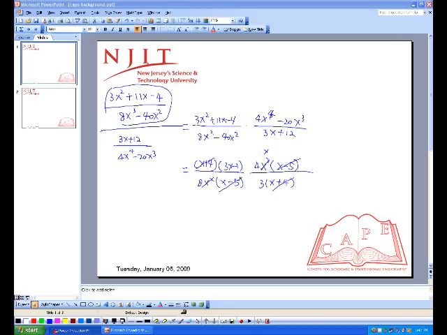Okay? And then 4 and 8, we can factor that out, and 8 becomes a 2. Okay? So the final answer will be 3x minus 1 multiplied by x, and the denominator would have 2 times 3, which gives you 6.